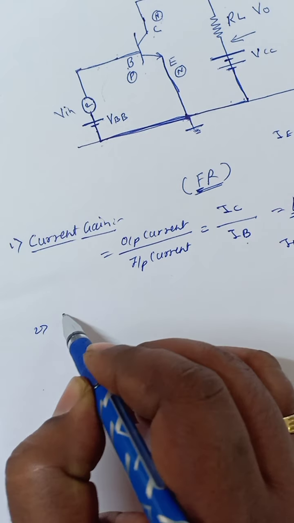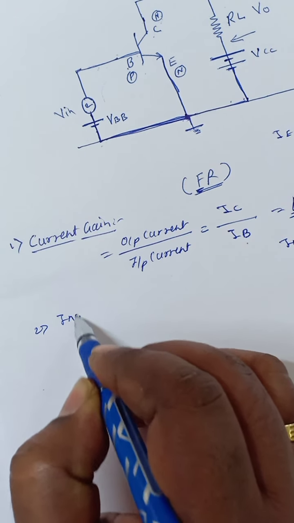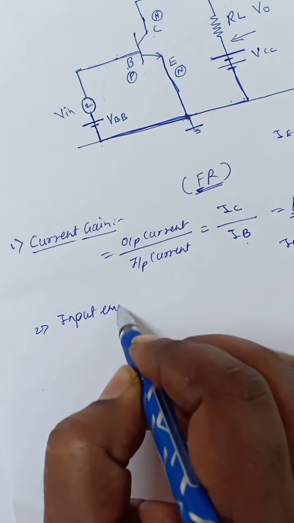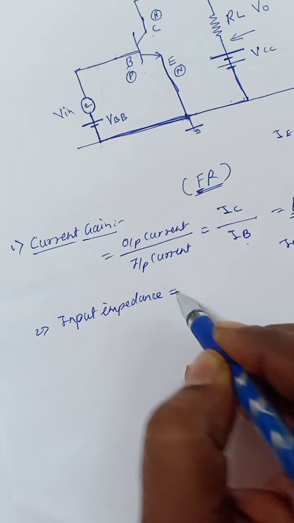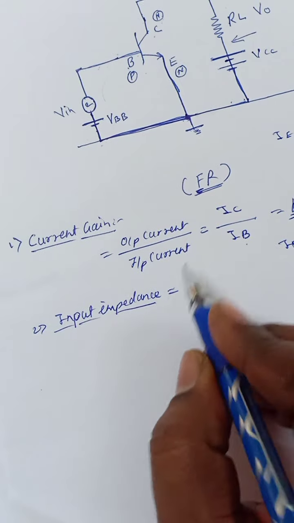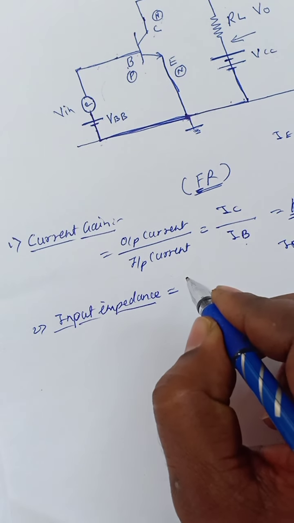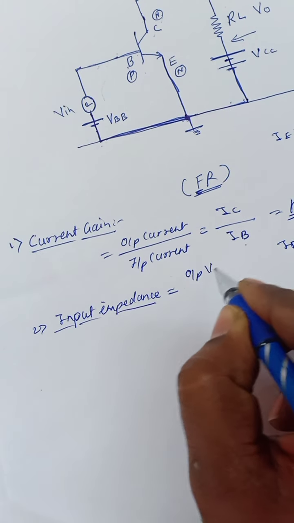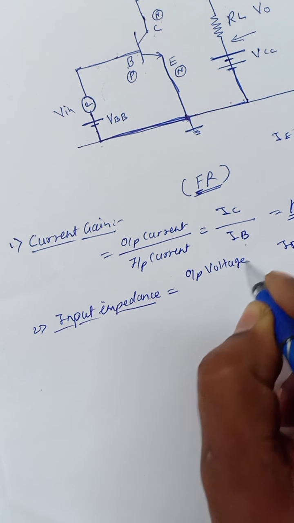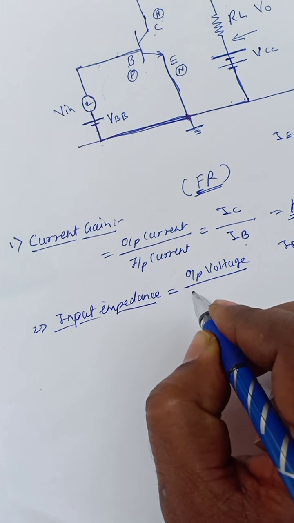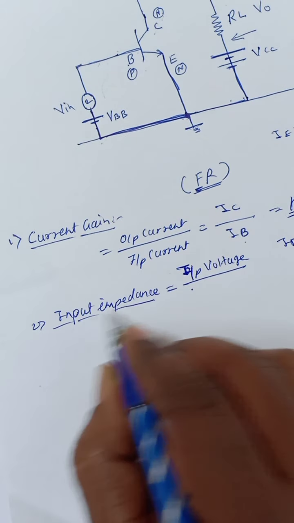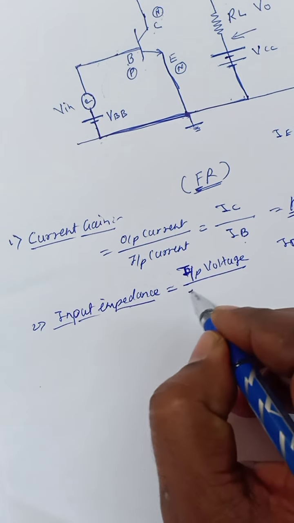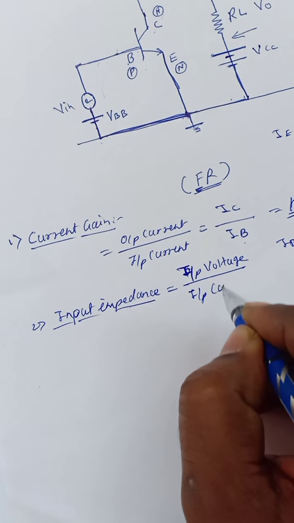The next parameter is input impedance. Input impedance means opposition, it is a resistance. It is input voltage divided by input current.